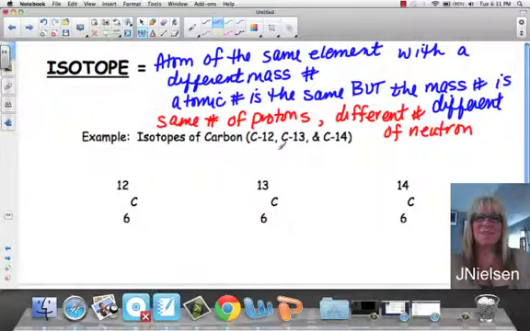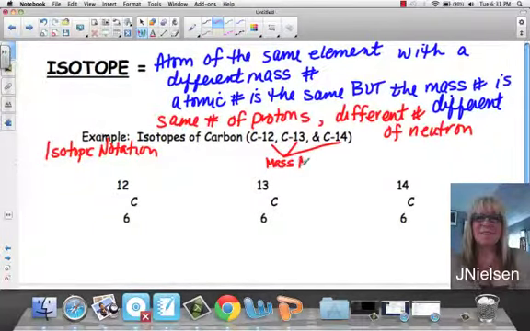These are different types of what's called isotopic notation. So I can write C-12, and as I told you the other night, these values, the 12, the 13, and the 14, refer to the mass number.